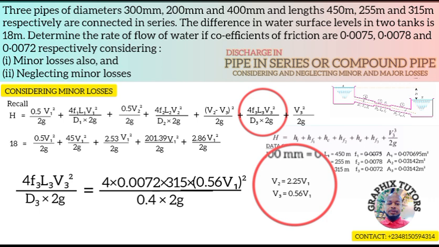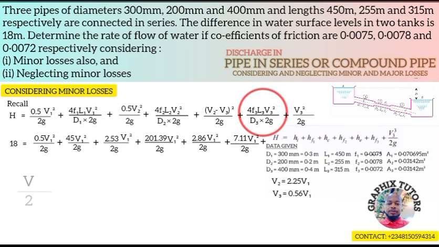Now, you look at 0.56 v1 all square, applying your indices, the square will affect both values inside. So we're having 0.56 square and v1 square. Now when you multiply 0.56 square times 315 times 0.0072 times 4 divided by 0.4, we are going to have 7.11 v1 square all over 2g. So I'm going to add it to that same equation up there.